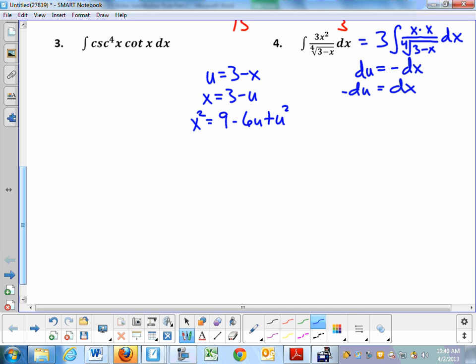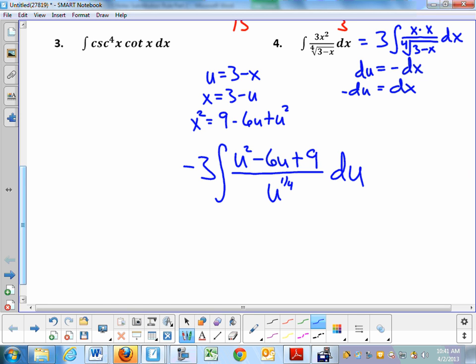Let's do this. We've got a negative 3 out front. We've got the integral. On top, instead of x squared, I can write u squared minus 6u plus 9. I'll write it like that. Over u to the 1/4 du.